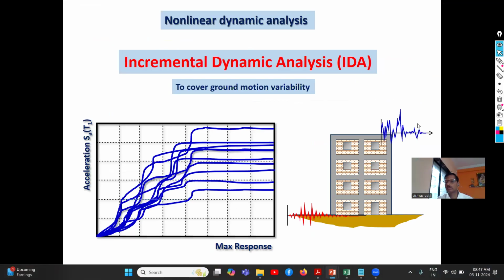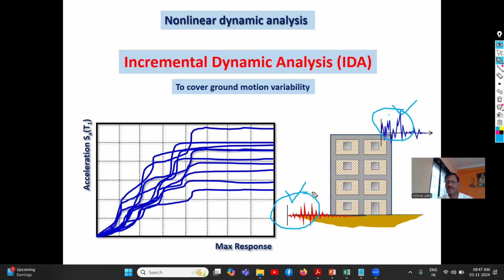Whenever we apply a ground motion on the structure, there is a building response. In IDA terms, whatever intensity of ground motion we apply is known as the intensity measure, and the building response is known as the damage measure.